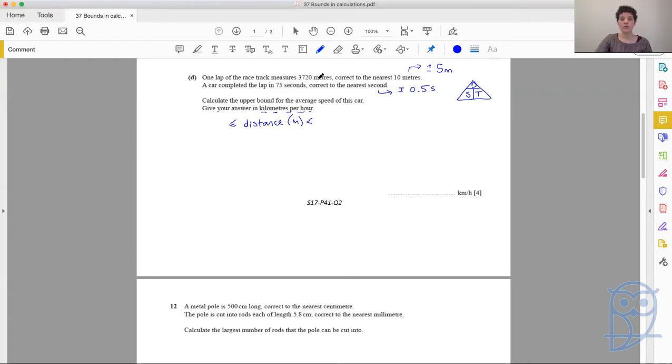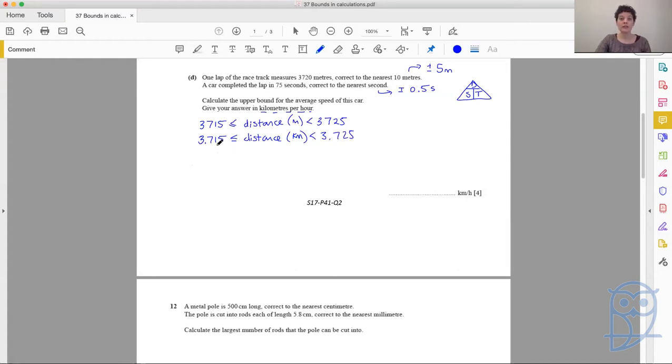So 3720 minus 5 gives us 3715. 3720 plus 5, 3725. Now they want your final answer in kilometers per hour. I actually prefer not to convert it at this stage. Okay, so if it was in meters, to put it into kilometers, we divide by 1,000. 3.715 less than or equal to distance in kilometers less than 3.725.